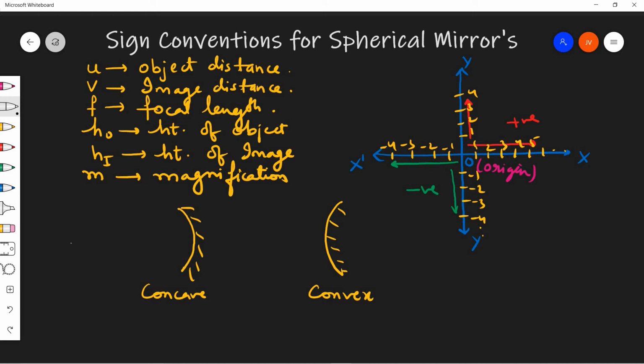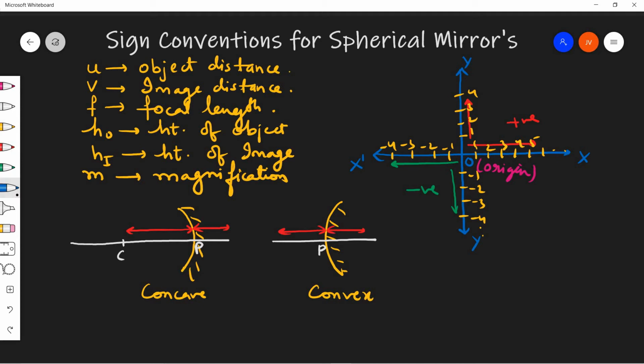Okay, so now I'm drawing the principal axis for concave mirror as well as convex mirror. Principal axis is the imaginary line joining center of curvature and pole of the mirror. So according to sign conventions, the first point, all distances are measured from pole of the mirror in case of both the mirrors.